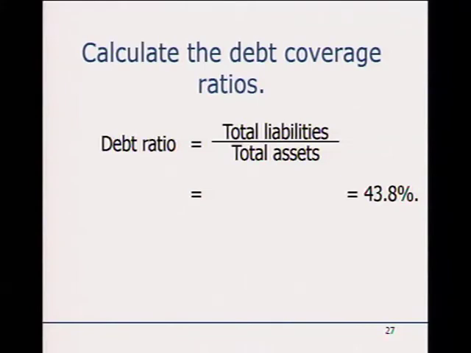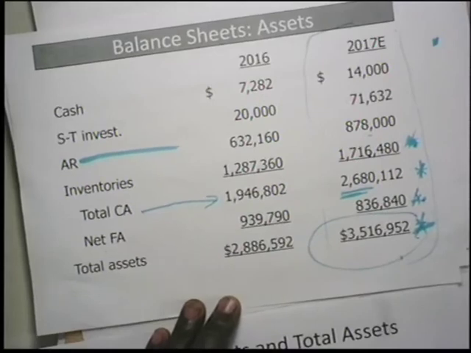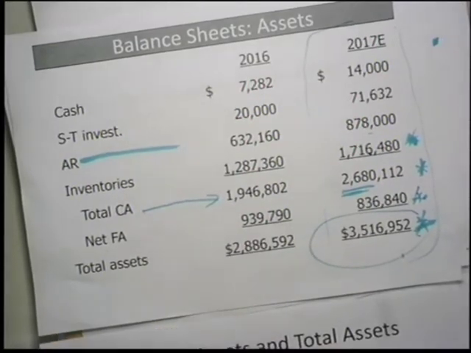Where do we get this? We get this again from our balance sheet. The liabilities section and the assets section. This is our assets section. The total assets figure is the one that we just used now, right? The 3.517 when rounded up.